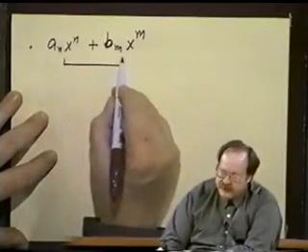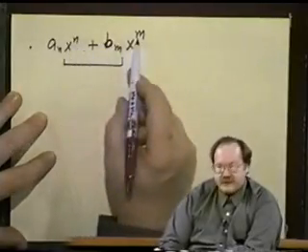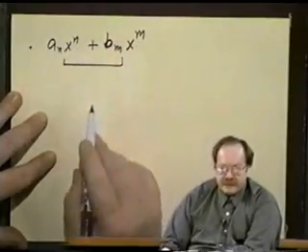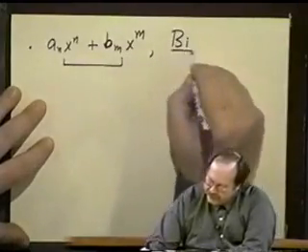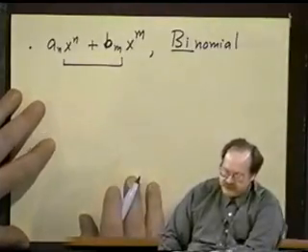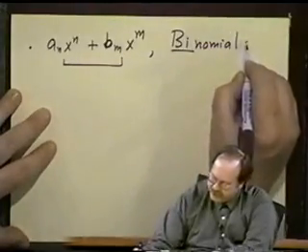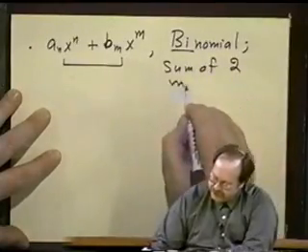This is two different things. These are not like because the variable is the same but the powers are different. So these are not like terms that can't be added. So this is referred to as a binomial. Bi, as in bicycle. Two things. A binomial. And what is this? This is a sum of two monomials.